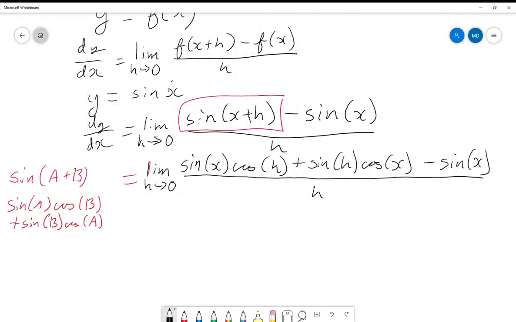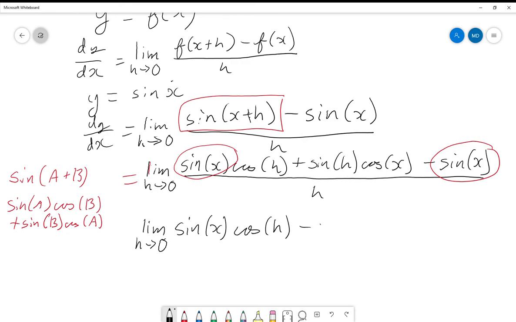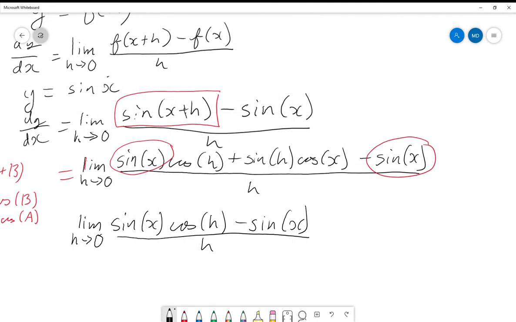And now what I'm going to do is group them together. What I want is this sine x and this sine x to be together. And so I'm going to write this as the limit as h tends to 0 of sine x cosine h minus sine x all over h, and then split this into another fraction plus just the other part, which is sine of h cosine x all over h.